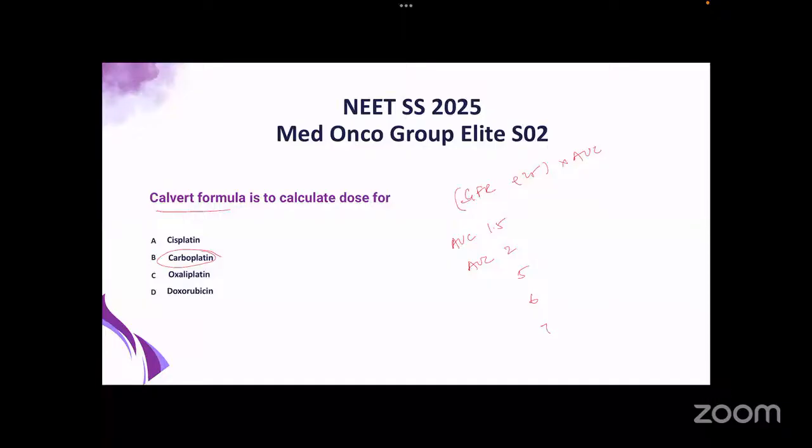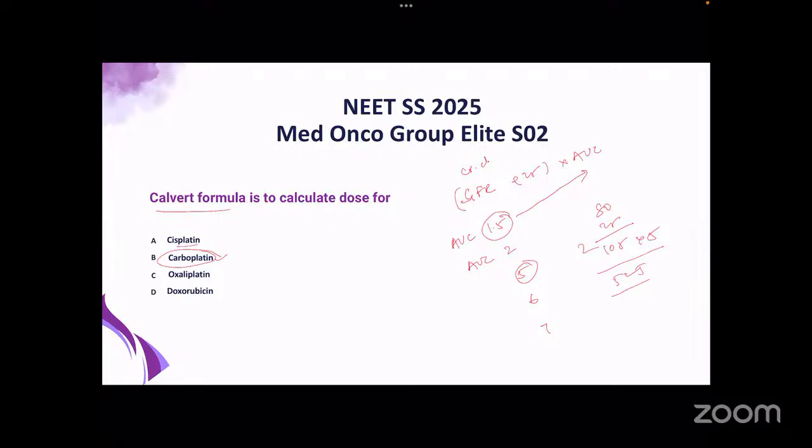If I have to give AUC 5, patient's eGFR we calculate by the Cockcroft-Gault formula. So eGFR is 80 plus 25, 105, into 5. So 525 is the dose of carboplatin.